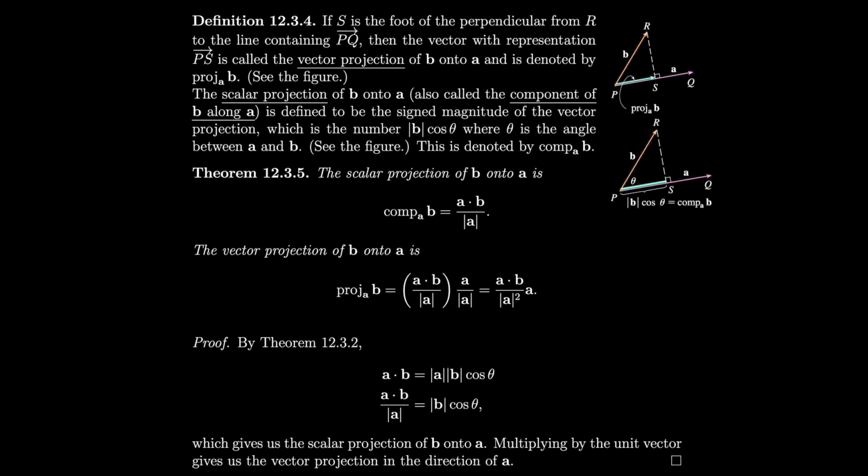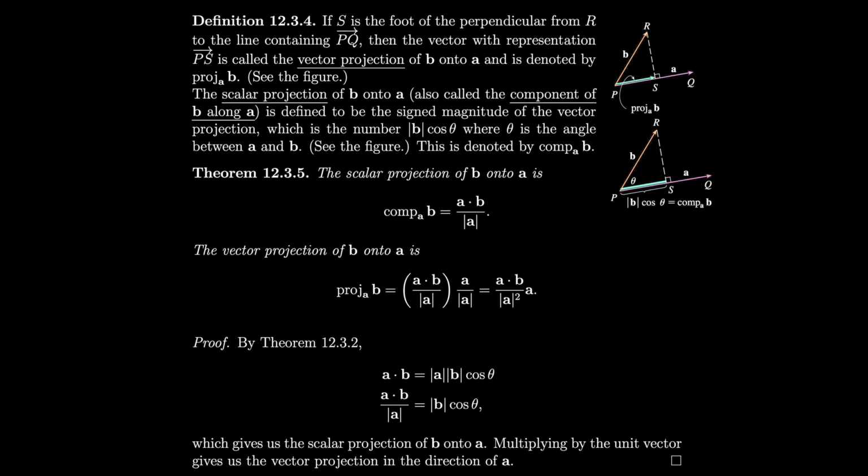So you could see that from our picture it's not necessarily the same length as B, and it's not going to be the same length as A either, but it is in the same direction as A. So if we want just the length of this projection, which is a vector, then that length is called the component of B along A. So remember that that's the length of B times the cosine of theta by what we just did in our previous definition.